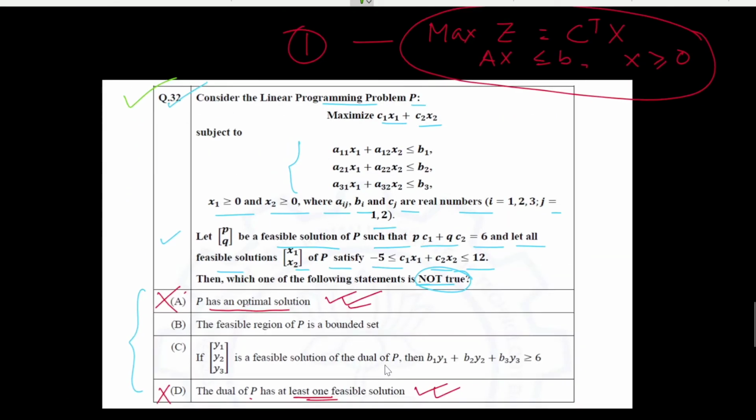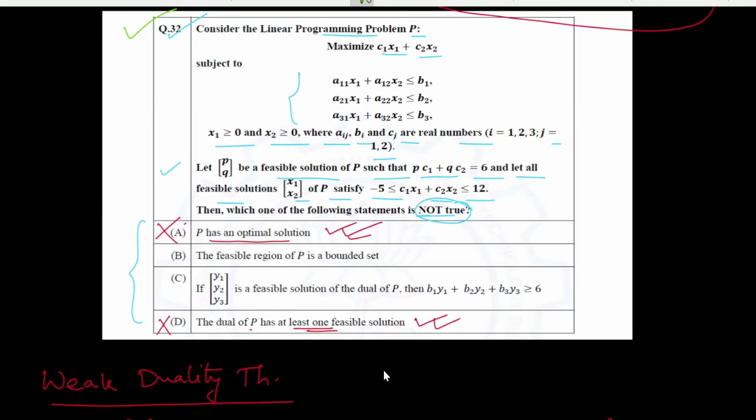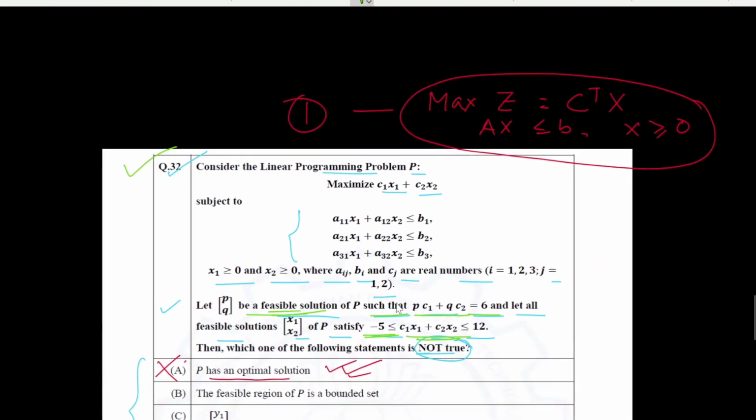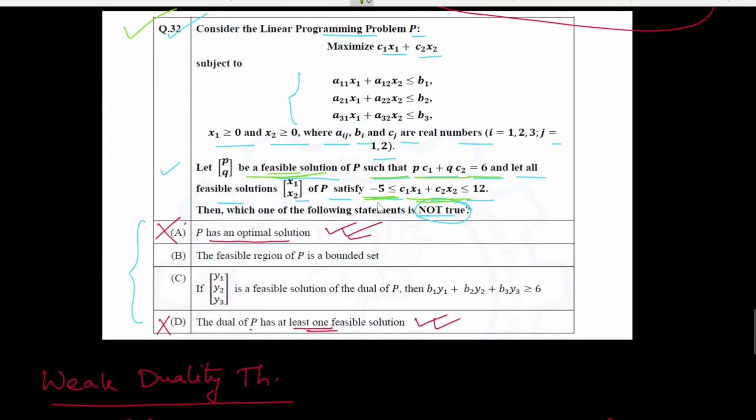So here it is given that if PQ is a feasible solution of P such that PC1 plus PC2 is equal to 6, it is a feasible solution, and all feasible solutions are of this form. We first write the dual of this problem.